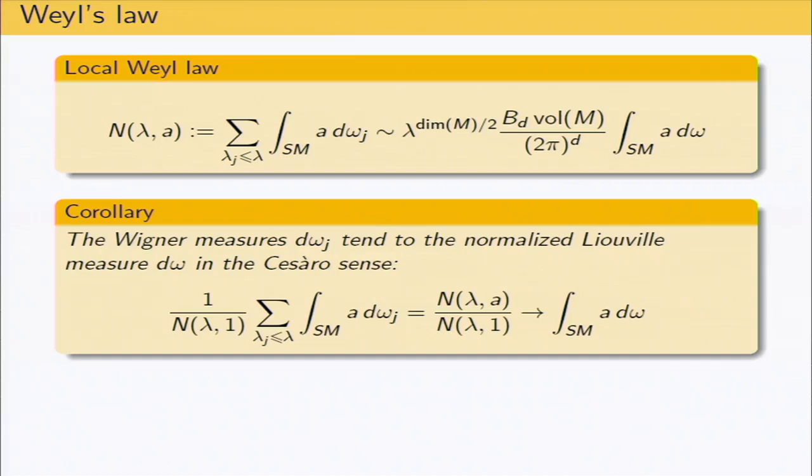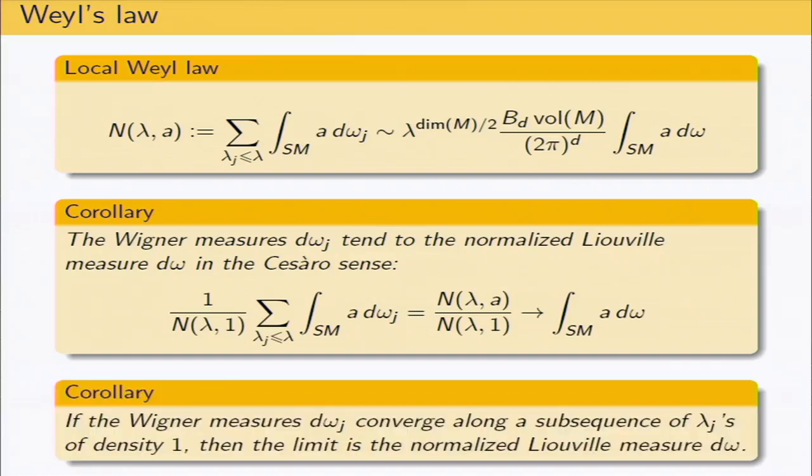But this is also true if we only assume that the d omega j's converge along a subsequence of lambda j's of density 1, meaning that the counting function of the chosen lambda j's is asymptotically the same as the whole counting function, because along such a sequence, the new n lambda a and the new n lambda 1 are just asymptotically the original n lambda a and n lambda 1. So this is a very important observation. If the Wigner measures converge for almost all lambda j's, then the limit can only be one thing, the normalized Liouville measure.